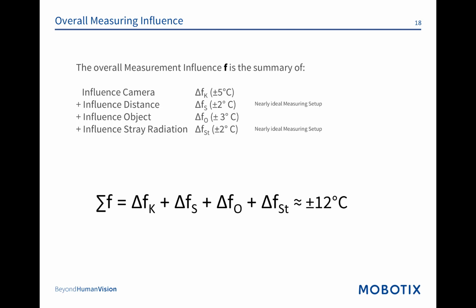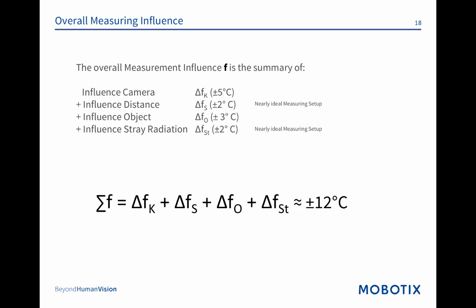Here we have plus minus 3 degrees as well. And then we have the stray radiation. This means reflection, maybe coming from heating, from air conditioning, or from the sun, depending on where you do your setup. This is also something that goes into our equation.